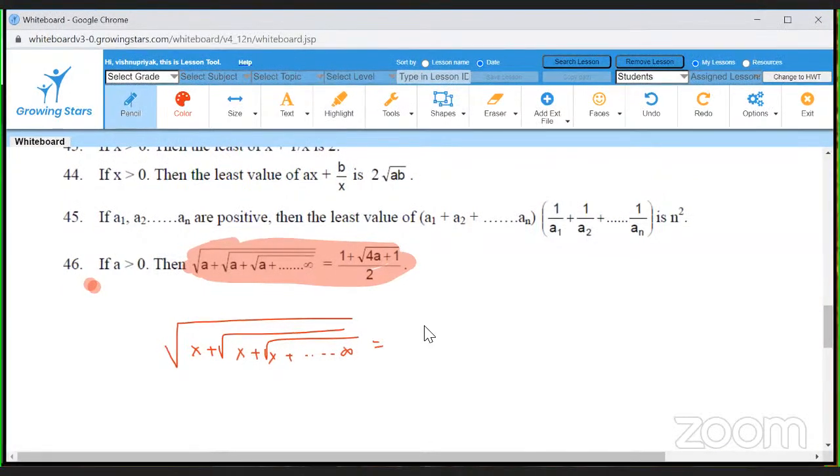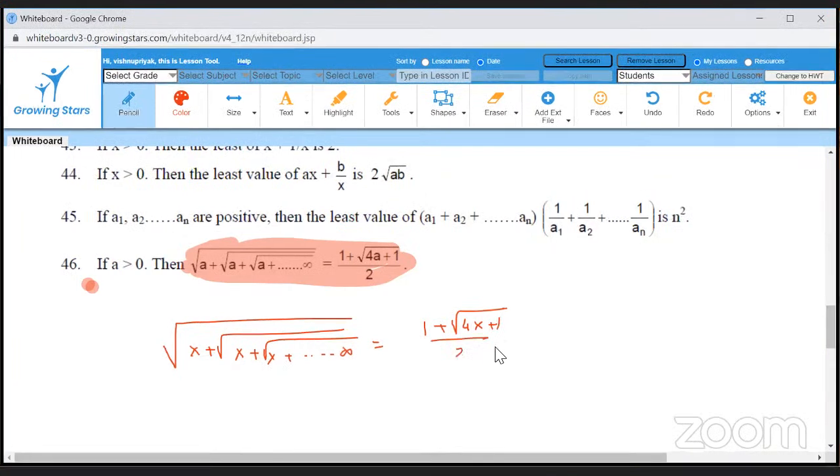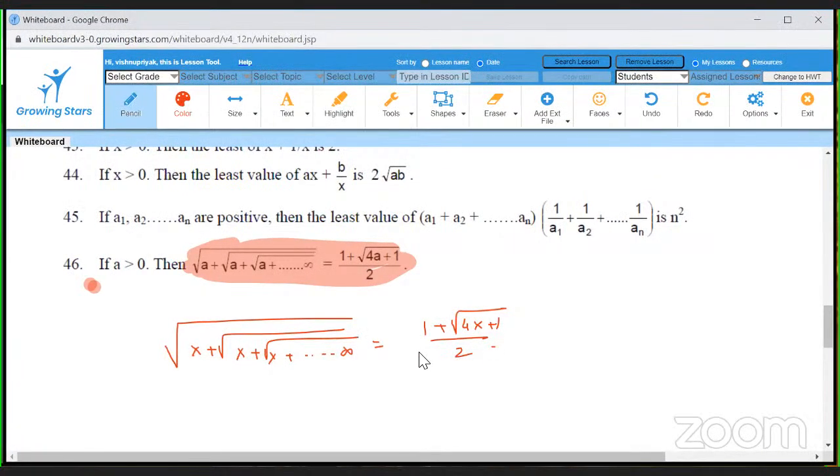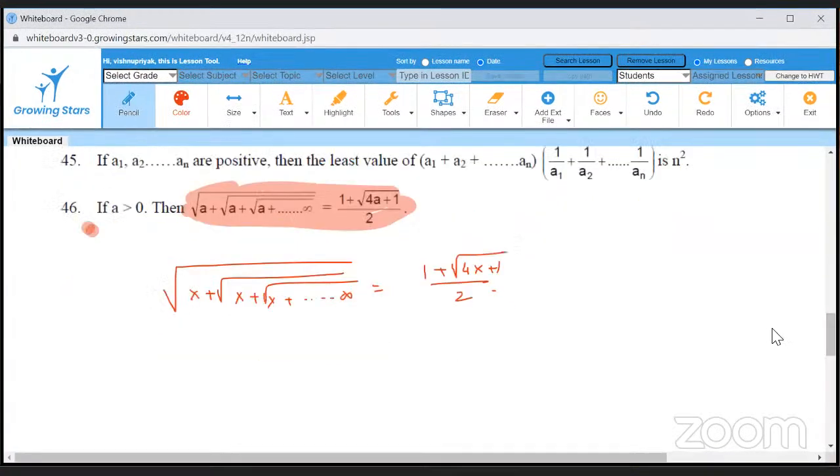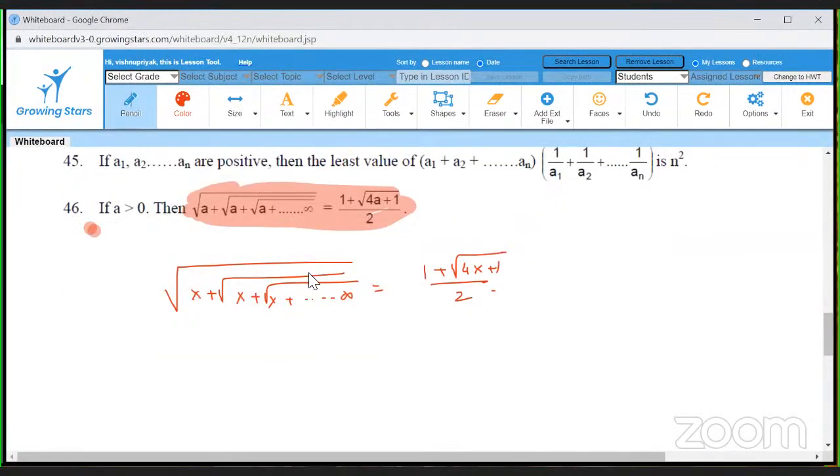The answer will be (1 plus square root of 4x plus 1) by 2. Like that, you can use this formula for any other number instead of x as well. So these are the formulas of quadratic equations which you have to learn, shortcut formulas and long.